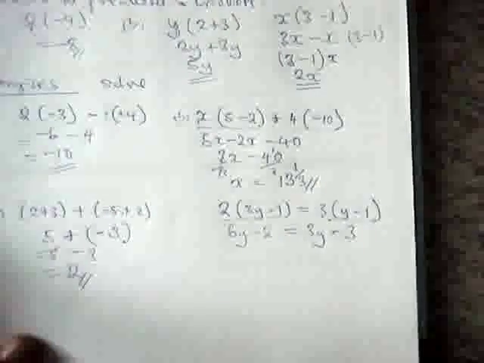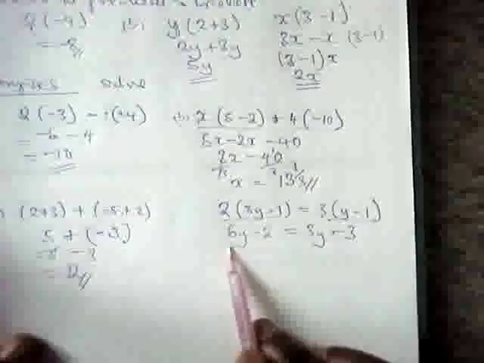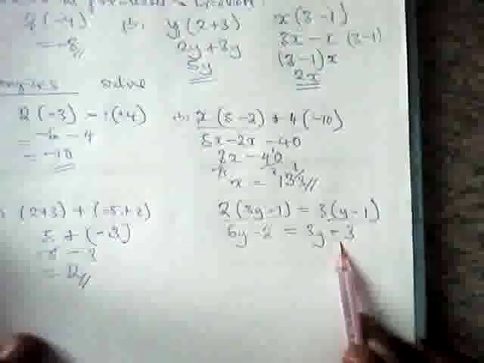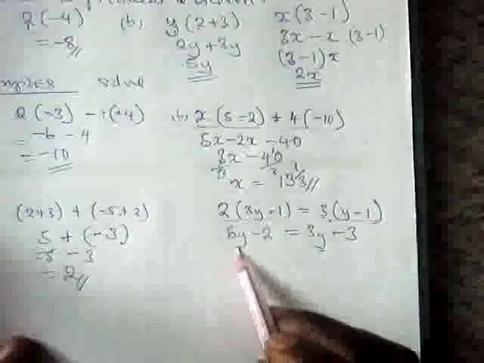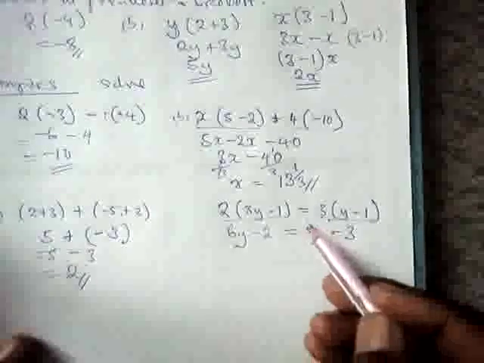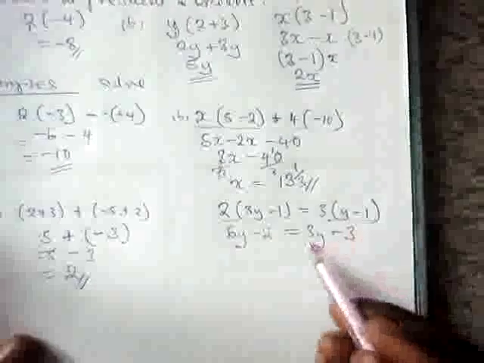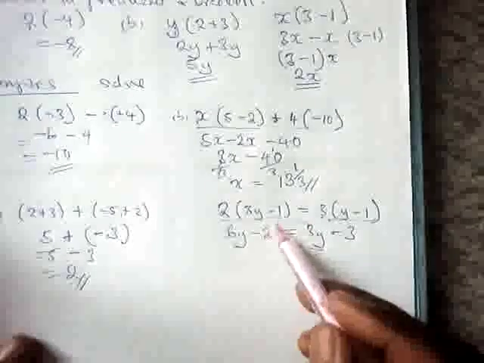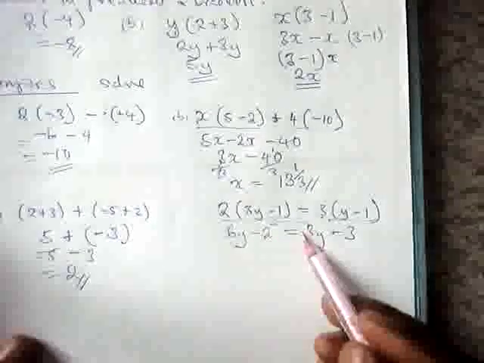3. So what next? We have to group like terms together. This one and this one, they have to be together. So this 3y will cross the equal sign. Once it crosses the equal sign, the sign here will change to negative.